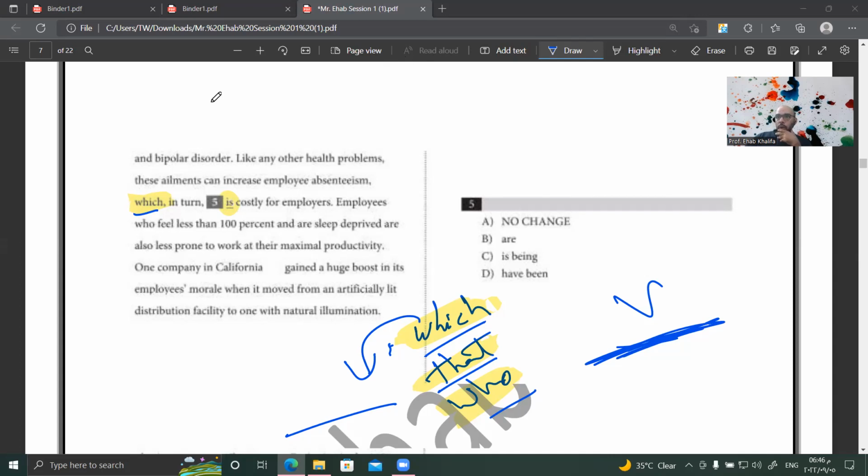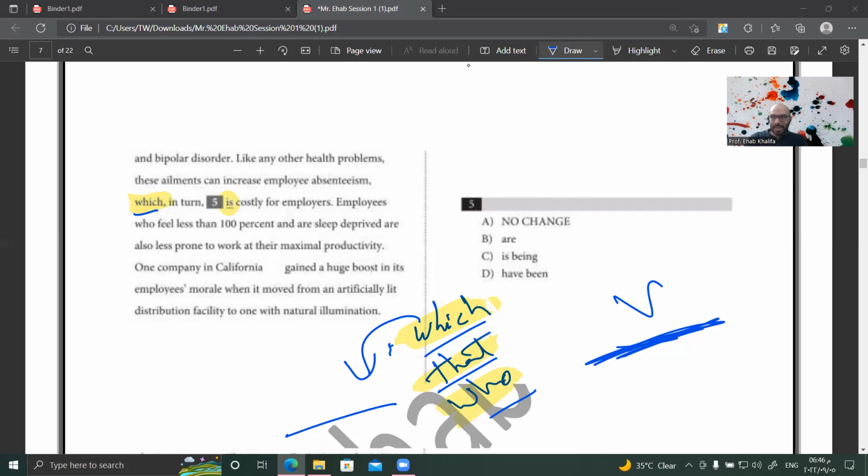Answer no. Well, guys, it's difficult for you. It's difficult because we ask about subject-verb agreement within a clause. There is within a clause.